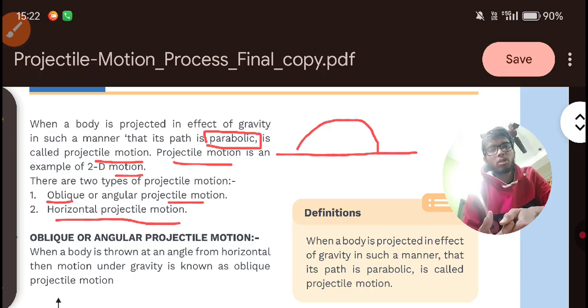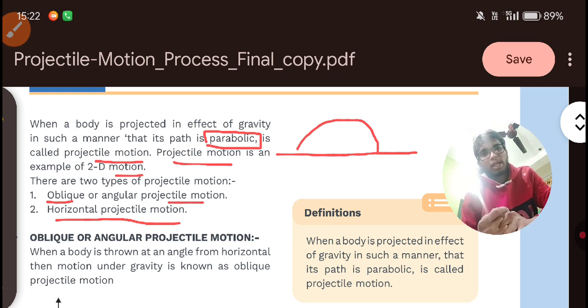But I can't say with a guarantee that this is a vertical motion, because it is not making sense for vertical motion. Oblique, I'm talking about oblique.